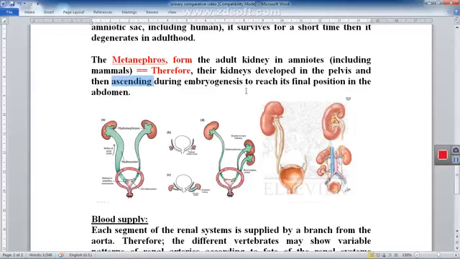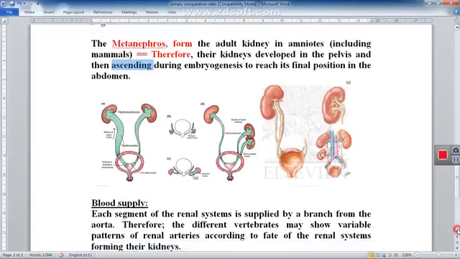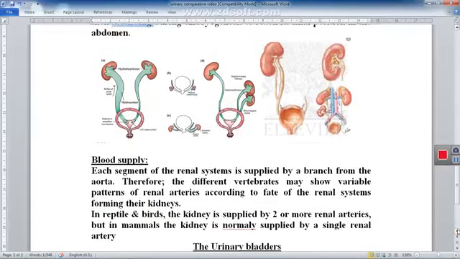If the kidney is derived normally from the metanephros, it will be one kidney, but if it develops from more than one kidney system, maybe you will have more than one kidney. Abnormalities in the renal system are therefore related to the origin or the precursor of the kidney systems during embryonic time, and as you know, embryogenesis recapitulates phylogenesis.